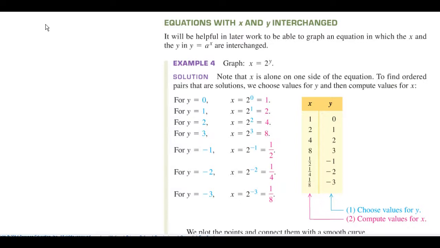now we're going to look at our next little part in which equations with x and y are interchanged. All right, let's take a look at this.